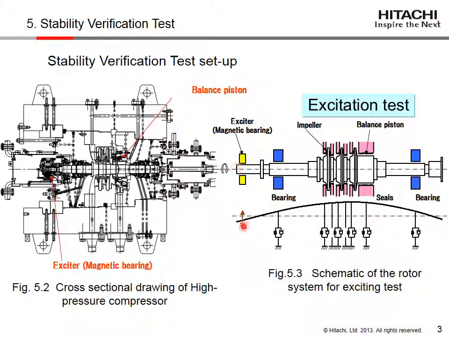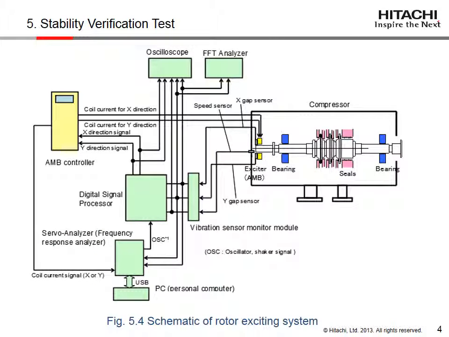Through the magnetic bearing, force is applied to the shaft to check the rotor stability during the test. This is a schematic drawing of the rotor excitation system. The installed magnetic bearing and the AMB controller system are connected, and using these tools we can excite the rotor externally.